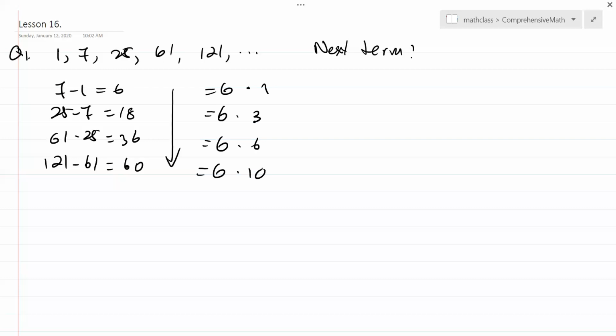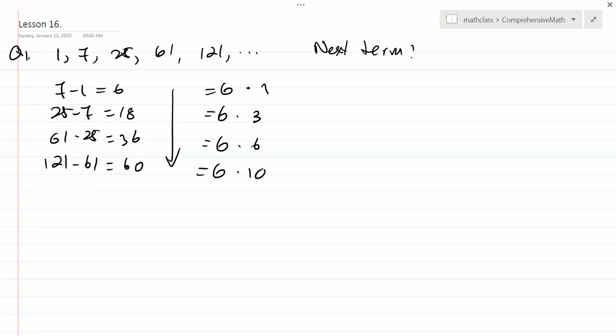If you have a sequence that is a multiple of some number, you have to get rid of the factor first, so it's easier to look at.